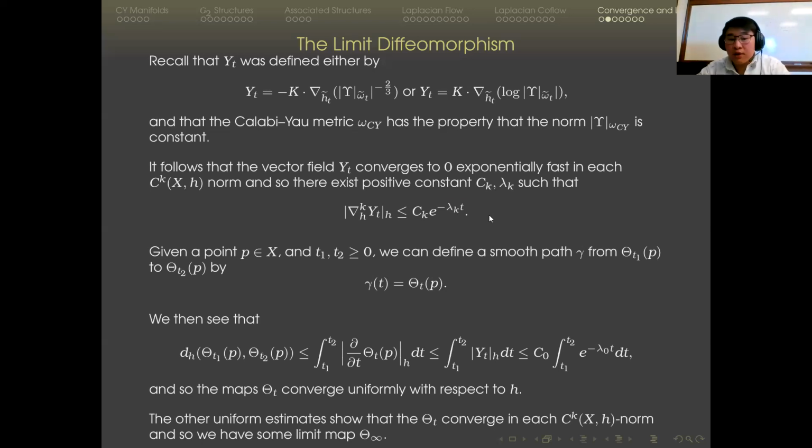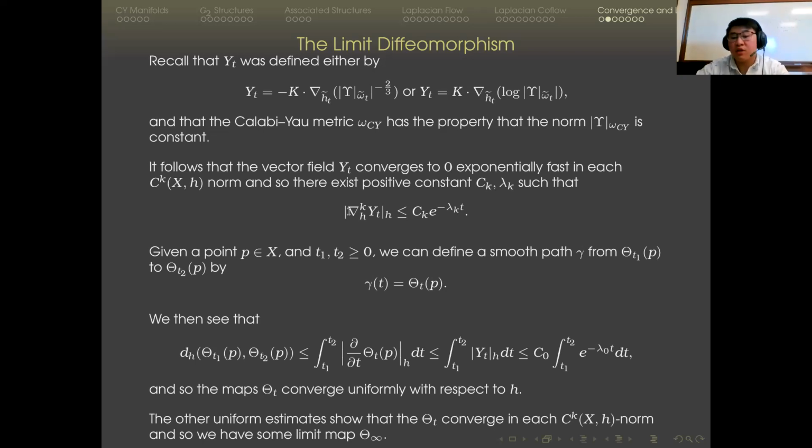So for any two points in time, t1 and t2, we can define a path from theta_t1 to theta_t2 by picking a point and following the thetas. When we look at the distance between those two, it's just the integral of this thing involving the derivative of theta, but the derivative of theta is Y, and we have a good handle on Y. So this at least shows that the maps theta_t converge uniformly, and we can use the other uniform estimates, because we have handles on derivatives of Y, to get uniform estimates on theta_t.